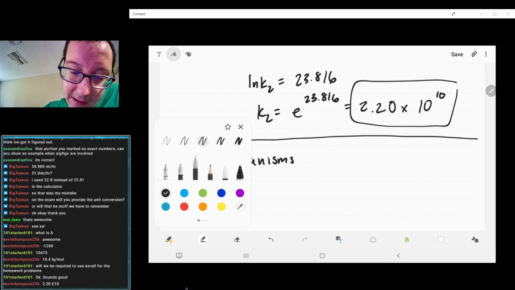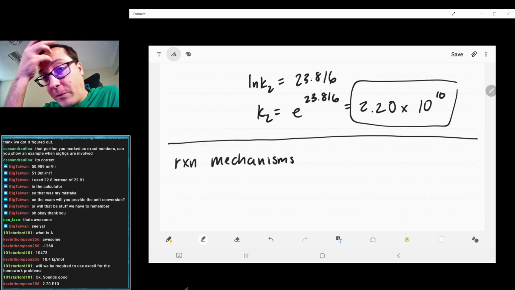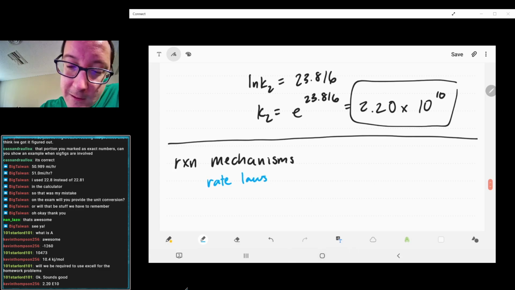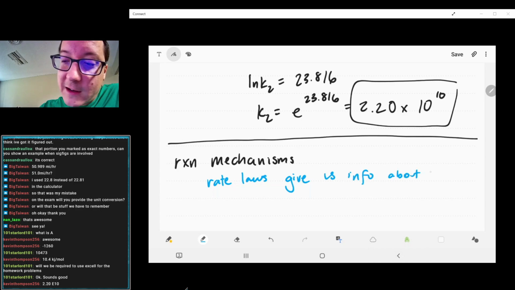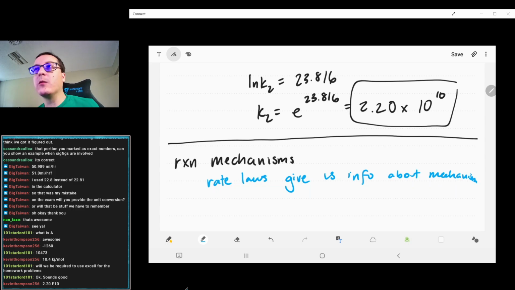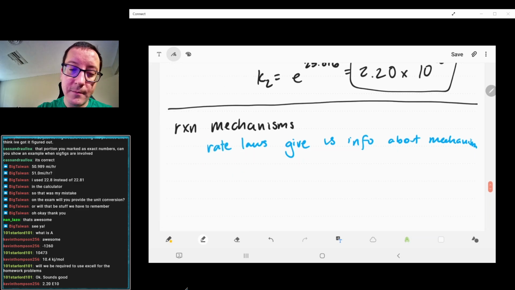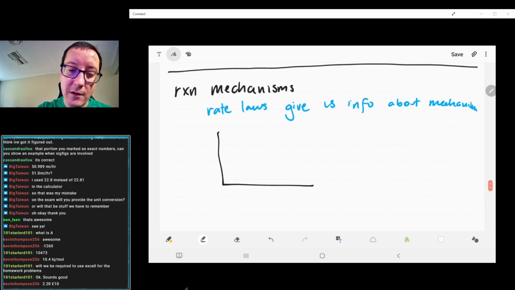Again, I hinted when we started this chapter that rate laws will give us info about the mechanism of a reaction. And so we're going to see that some reactions are one step and they're done. You know, there's not really a problem there. Here's just a one-step reaction.